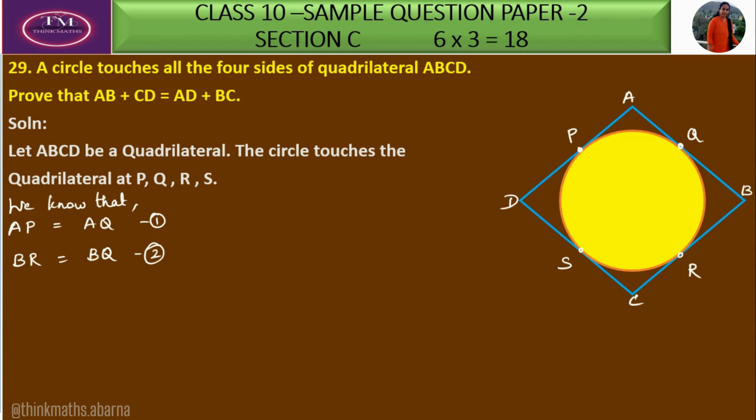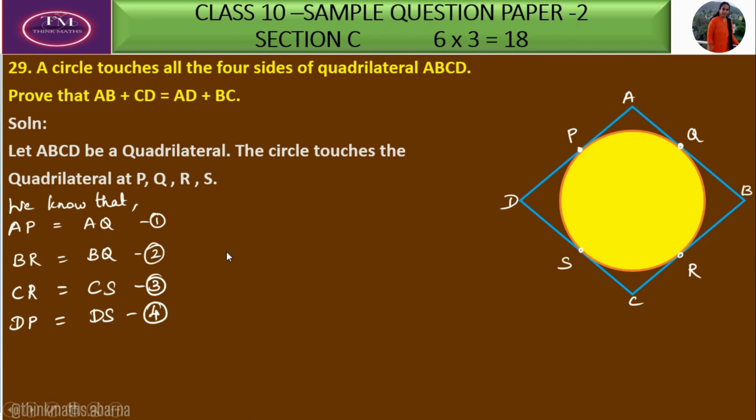Next step, if C is an external point, then the lengths of the tangents CR and CS will be equal. So BR should be added to CR. So write CR here. So CR equal to CS. So this is the third equation. In the same way, if D is an external point, DS will be equal to DP. So AP should be added to DP. So write DP here. So DP will be equal to DS. So this is the fourth equation.